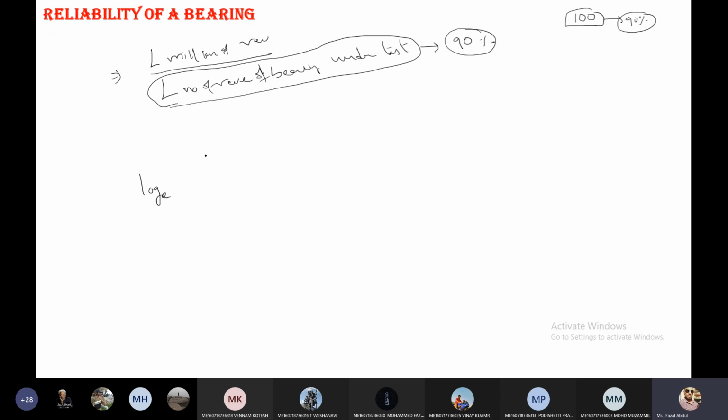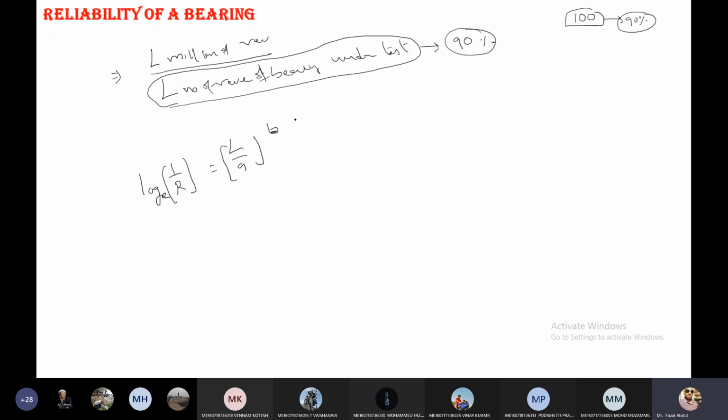So for this we have an empirical relation, that is log e of 1 by R, where reliability is described with capital R. Log e 1 by R equals (L by A) to the power B. Here A and B are constants, R is the reliability of the bearing, and L is the life of the bearing in revolutions.